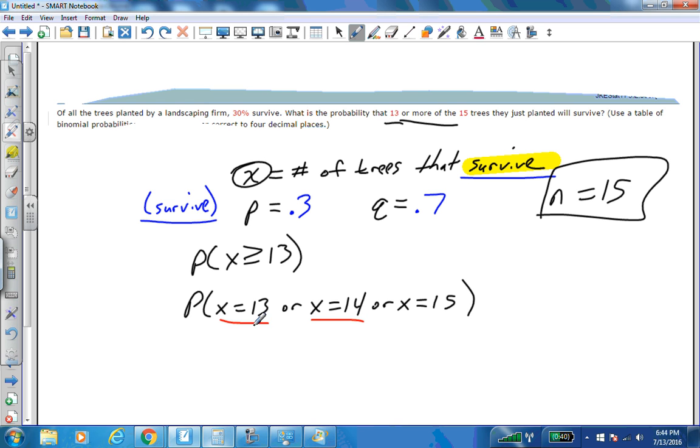If we have 13 or 14, we don't have exactly 15. So it's the probability of X being 13 plus the probability of X being 14 plus the probability of X being 15.